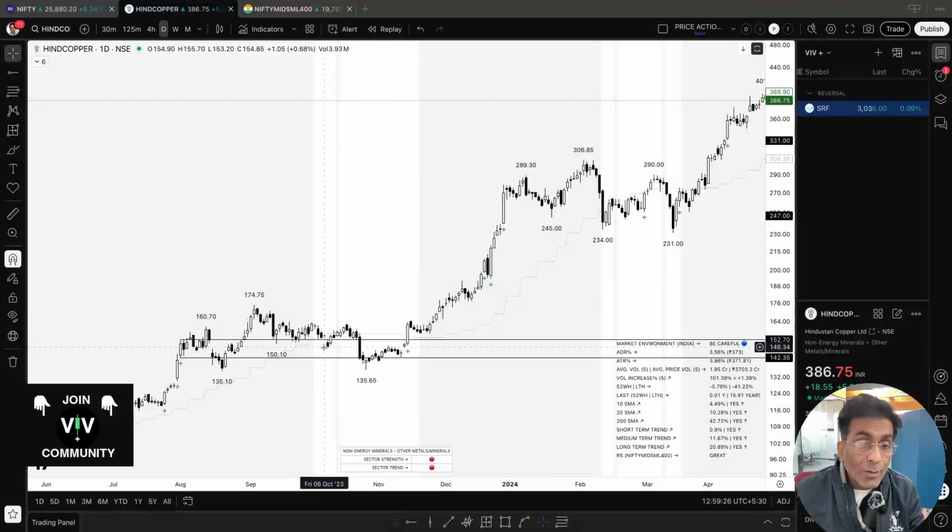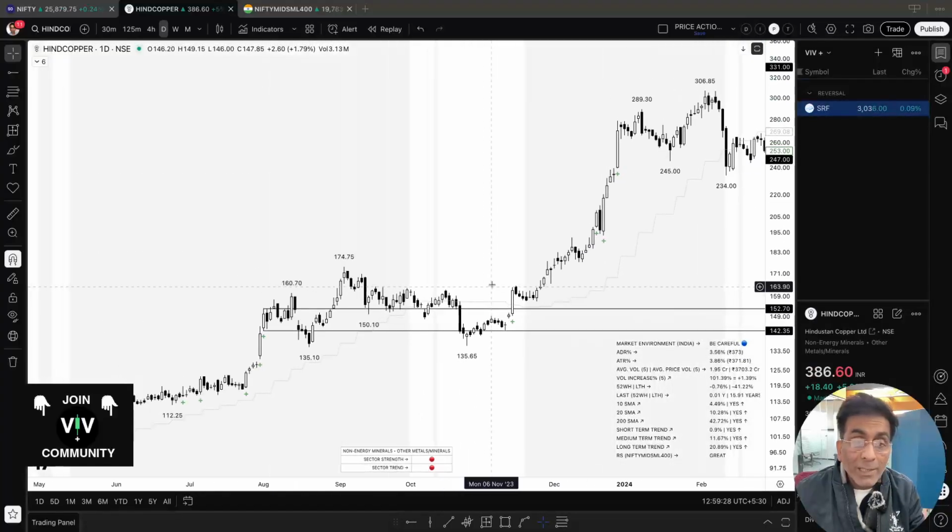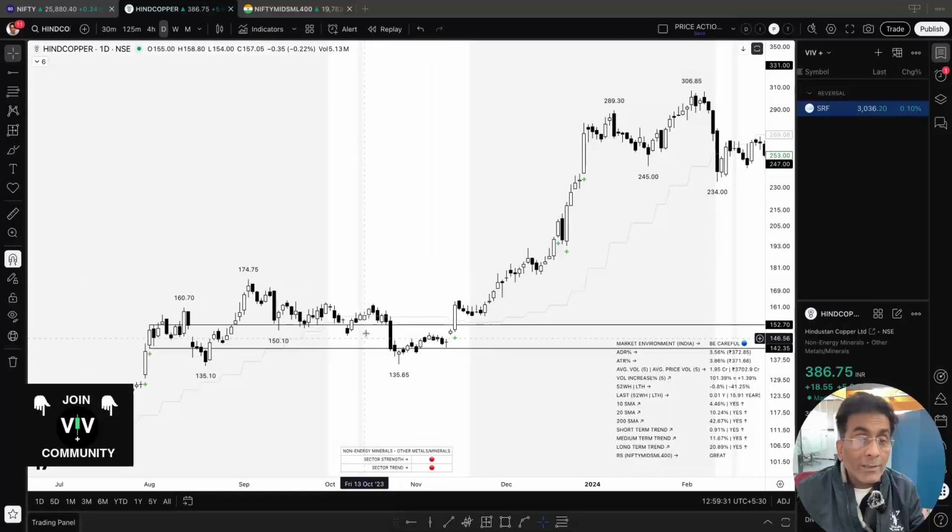But we can also see here the same thing has failed, right? The trend got positive, means the background was positive, price crossed above the 10 week moving average, but after a few days it failed.